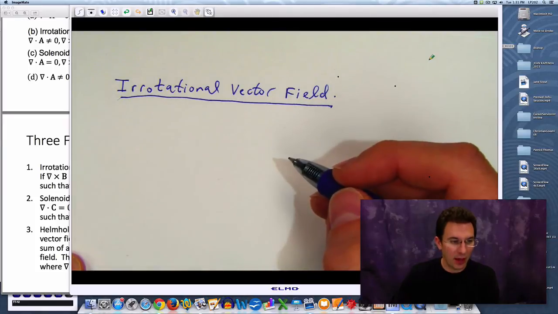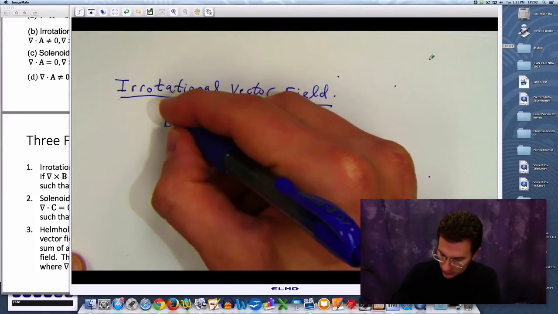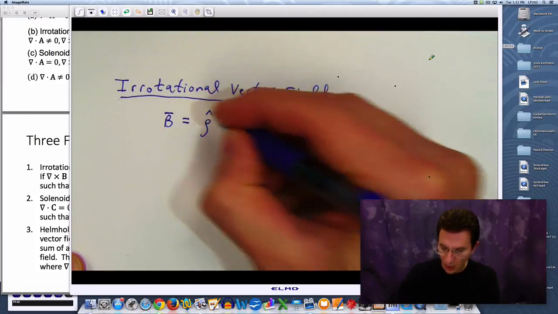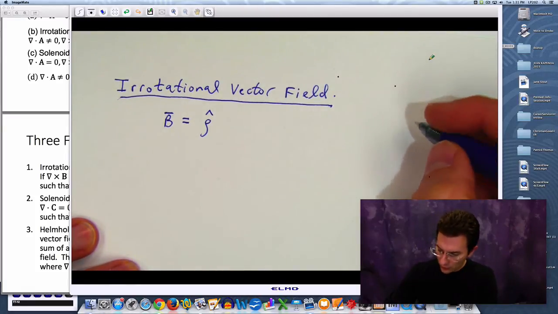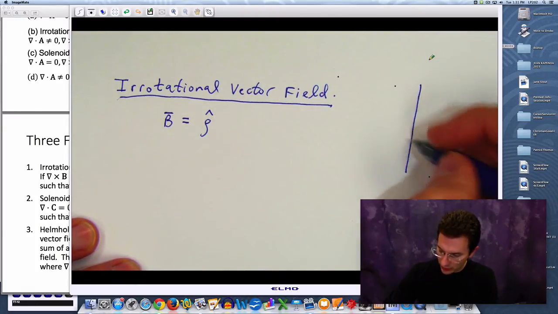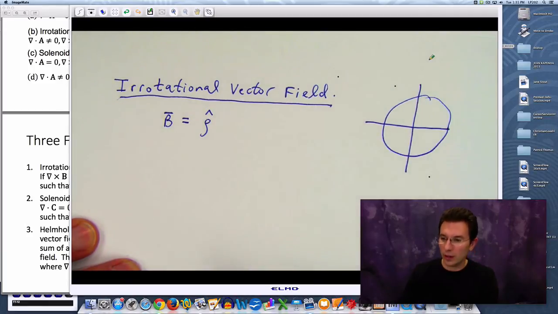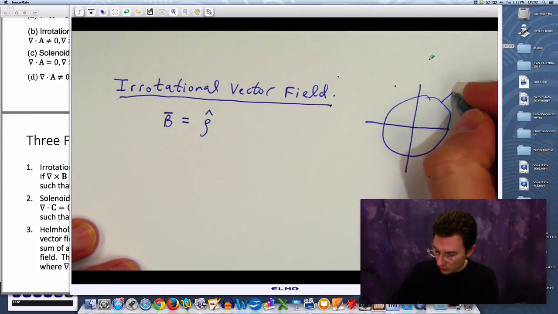Let's say that in this case our B, our original field, was just simply equal to rho hat. Remember from the coordinate systems lecture, if we're in cylindrical coordinates, no matter where we are, the rho hat vector points radially out.